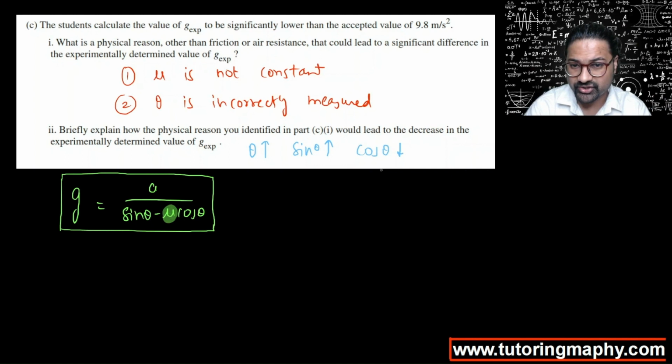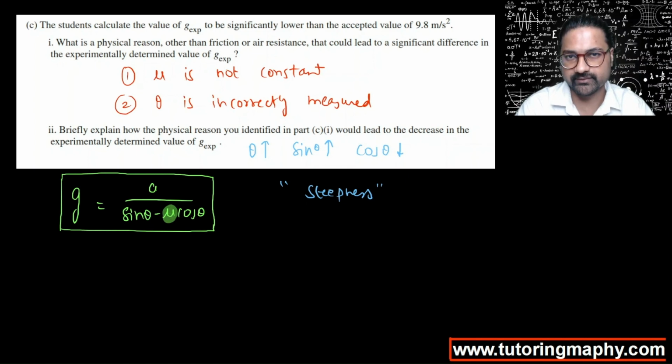So if we measure theta, or the incline, to be more steep than what it actually is, then the value of g is going to be significantly lower because the denominator is going to increase. So we measure it to be more steep than it actually is. The steepness is actually a reason why the experimental g could be less.